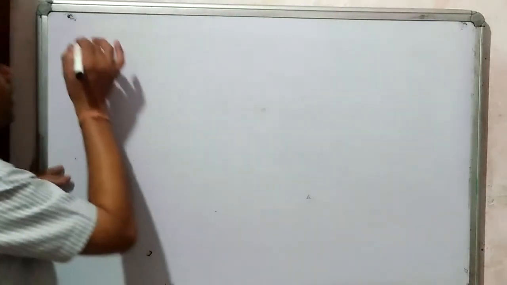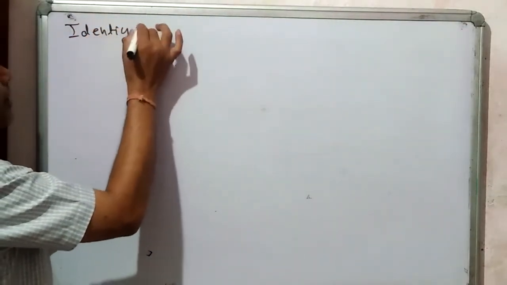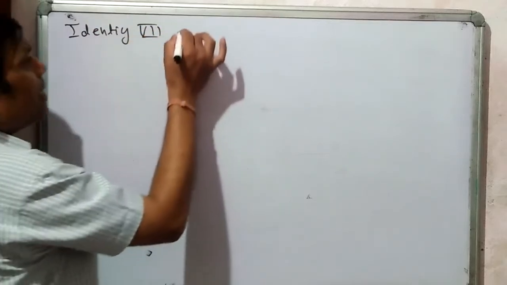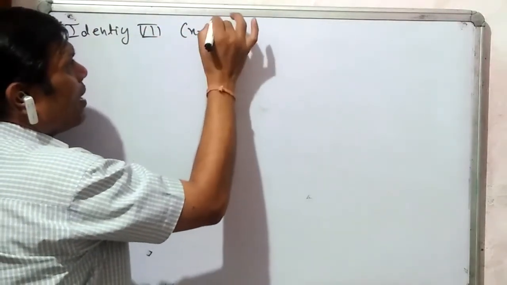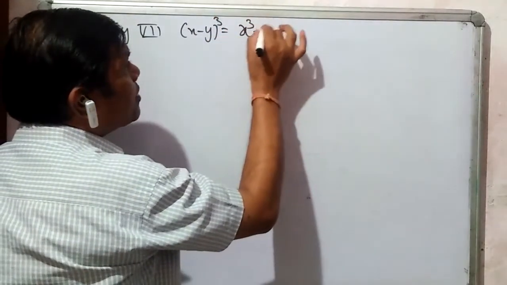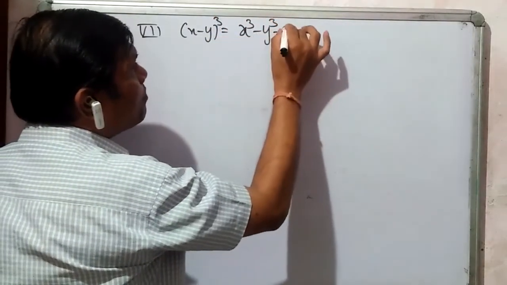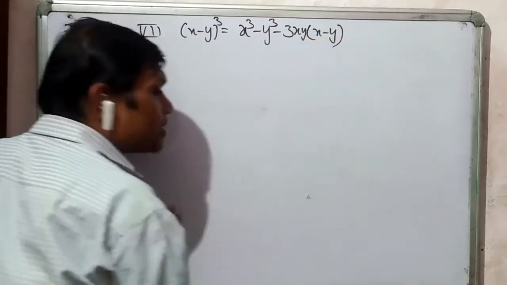Similarly, we have the 7th identity. Identity number 7, that is again of cube. Identity 7, that is x minus y whole cube. I'll write it in two forms again. One form is x cube minus y cube minus 3xy multiplied with x minus y.